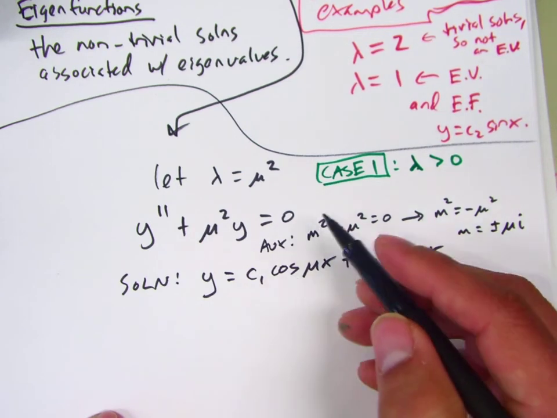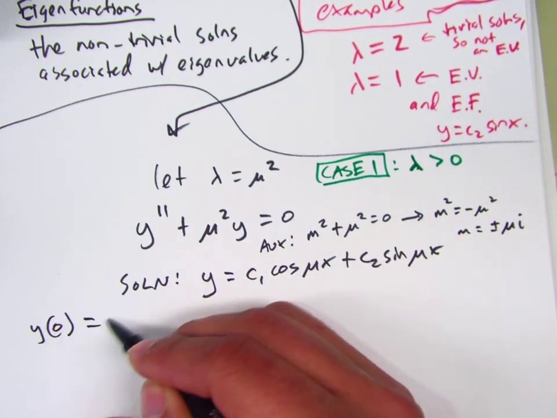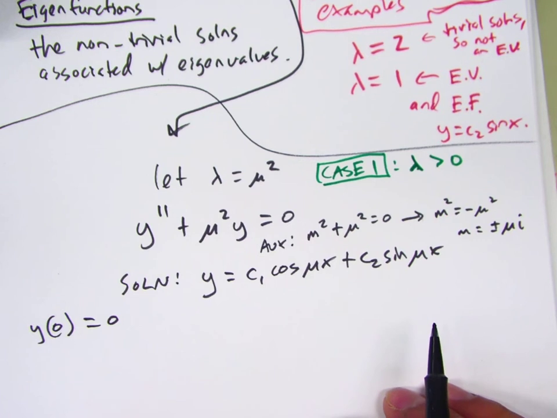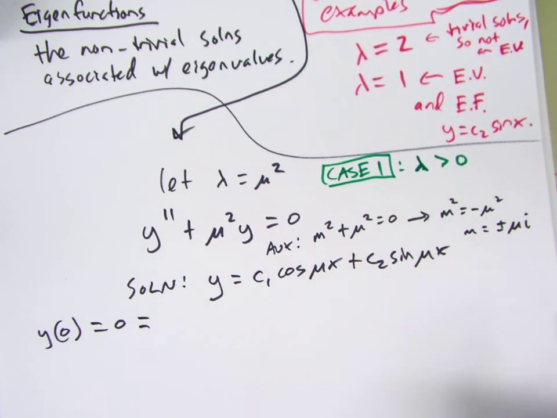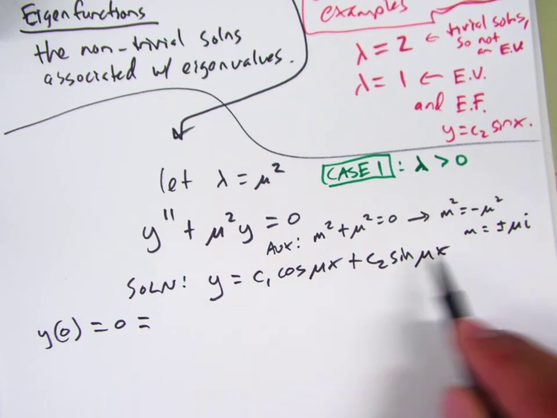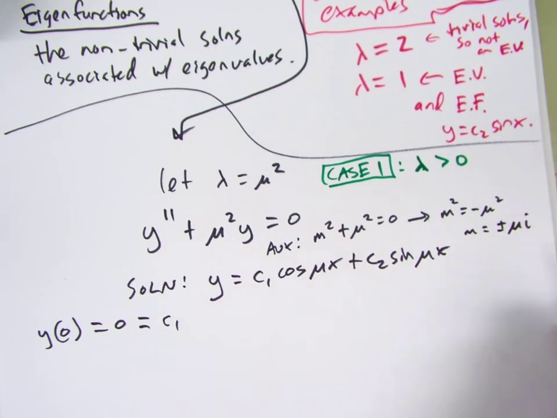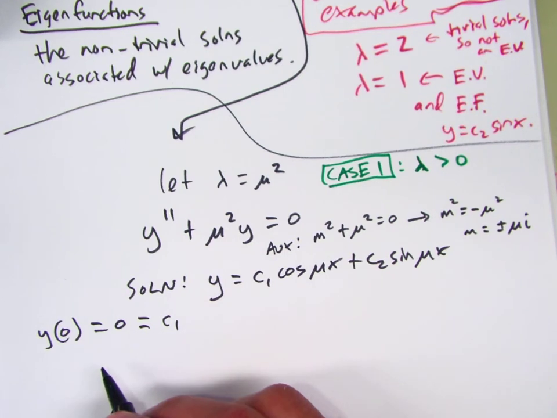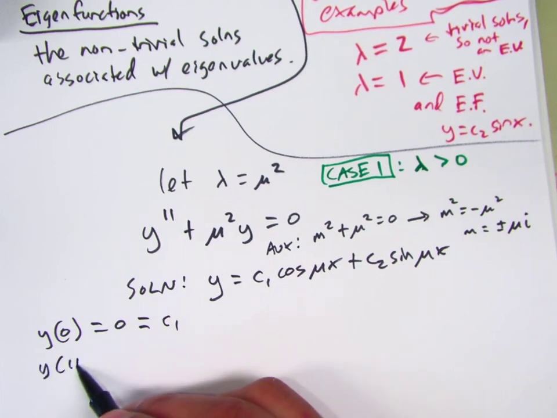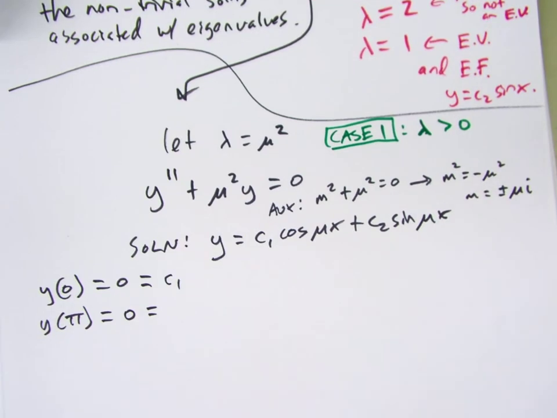Plugging in the conditions, remember y of 0 had to be 0. So if I plug 0 into this solution, you get C1 times the cosine of 0, which is 1, and then the sine of 0 is 0, so C1 has to be 0. Now, if I plug in y of pi, that also has to be 0.